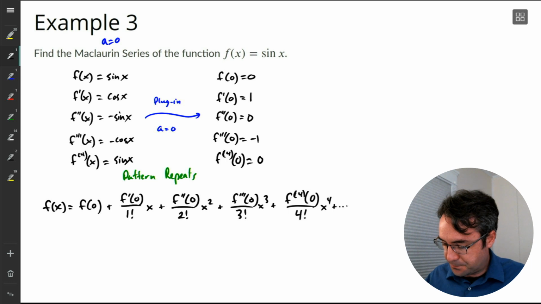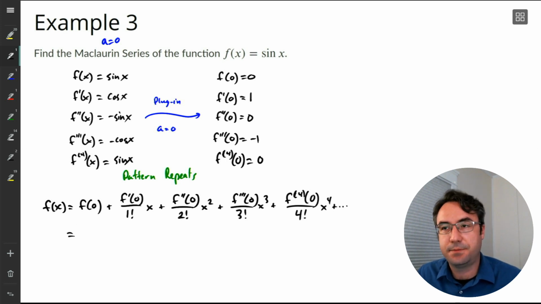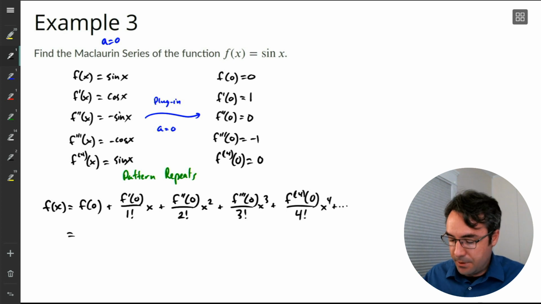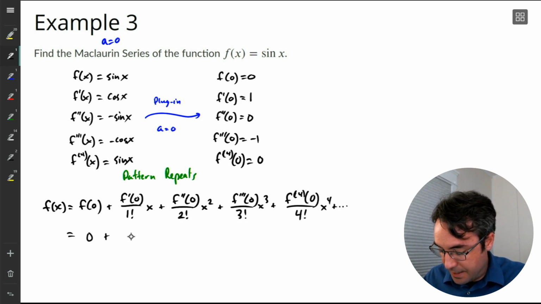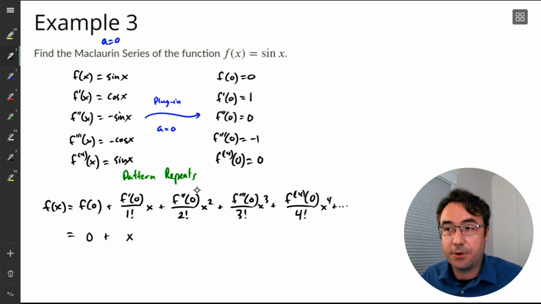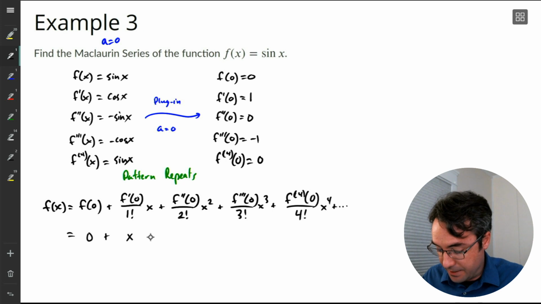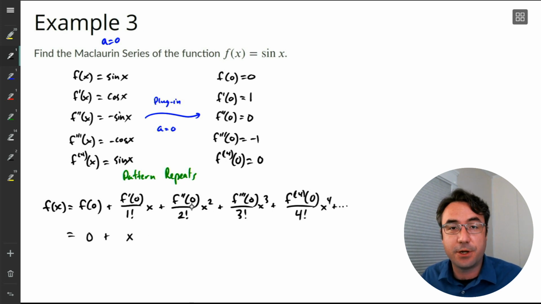And if we plug in our values, f of 0 is 0. f prime of 0 is 1, so we're going to end up with an x here. Then the second derivative at 0 is 0, so the x squared term is going to be gone.